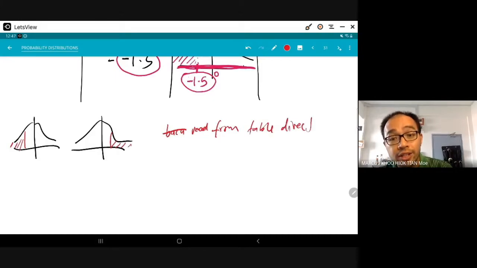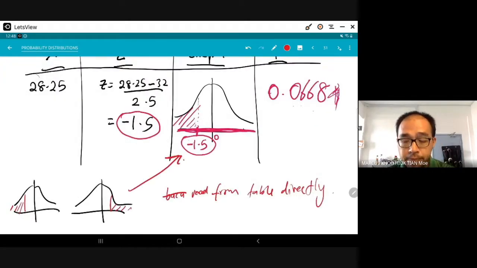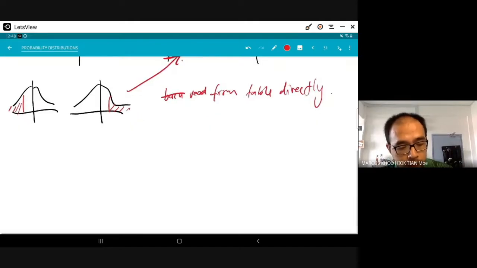There is no extra calculation. If this section di sini, bila kamu lakar, kamu dapat begini, kamu baca terus daripada jadual. You just read directly from the table. Okay? Now, situation number 1 is that.